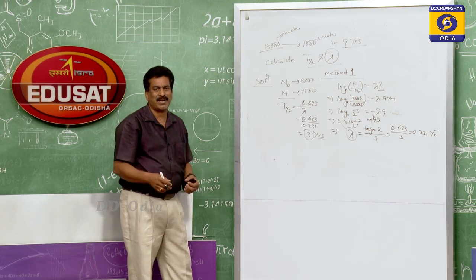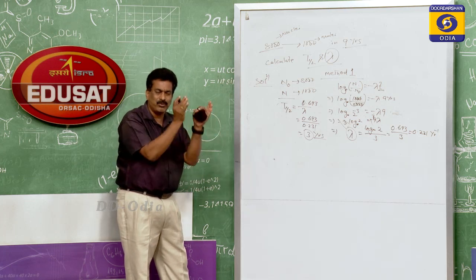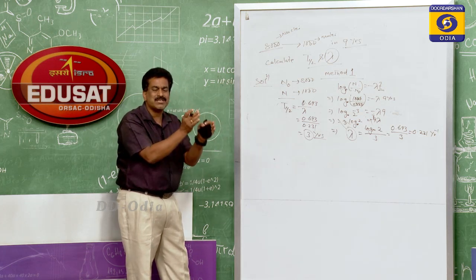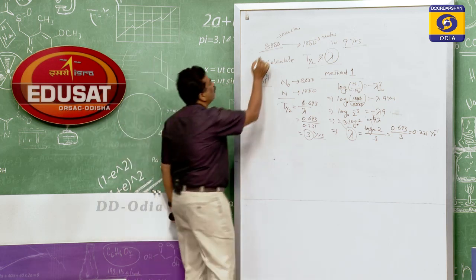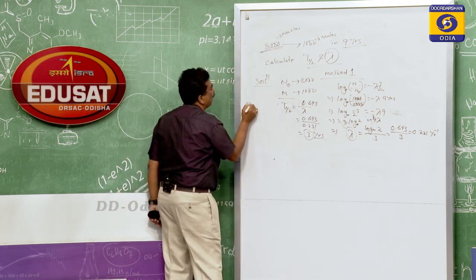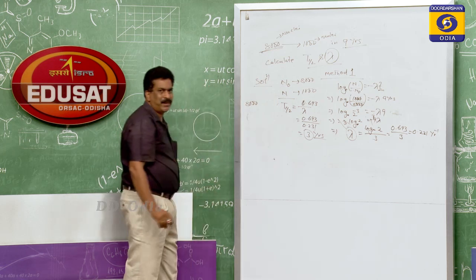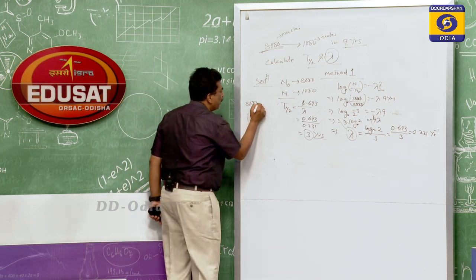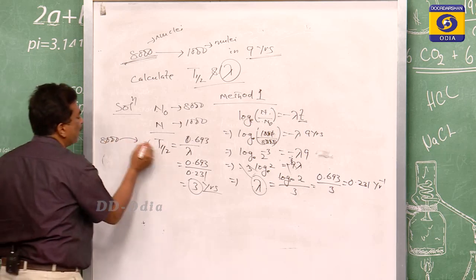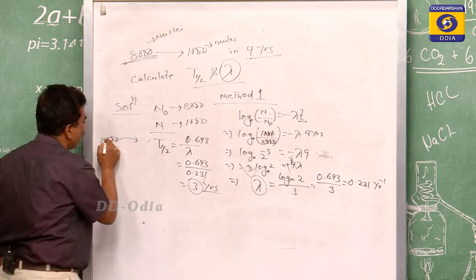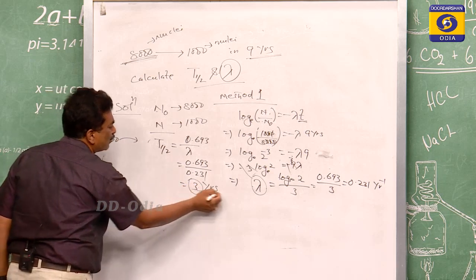So what is half life? It is the time required to reduce the originally present number of nuclei, which was 8000, to half, and that takes one half life. That is equal to 3 years.